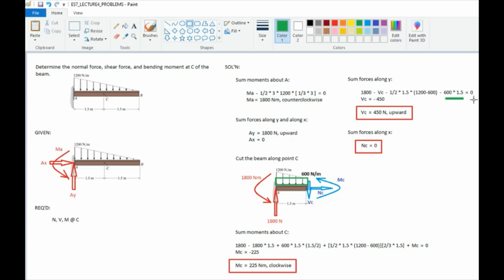And then, equals 0. Okay. So, solving, we get VC to be negative 450. So, the direction of VC is actually opposite. So, VC is 450 newtons upward. Alright? And then, summing forces along X, there is no other X force, therefore, NC is 0. Okay, so, this is the answer.